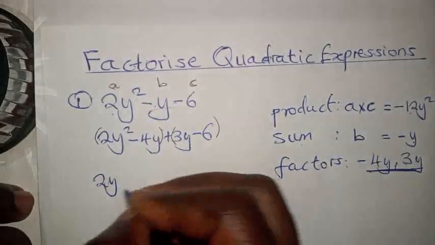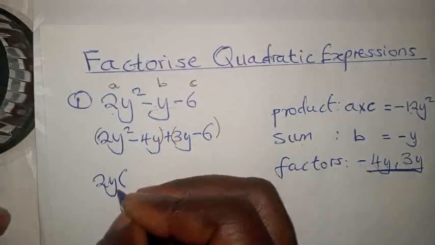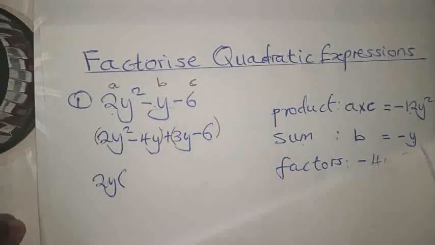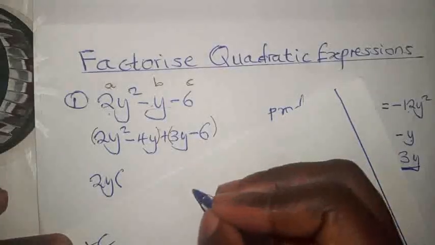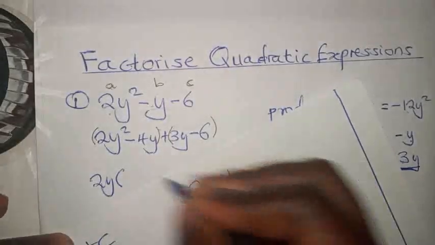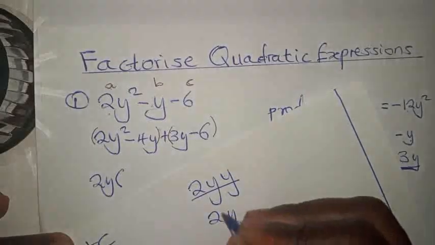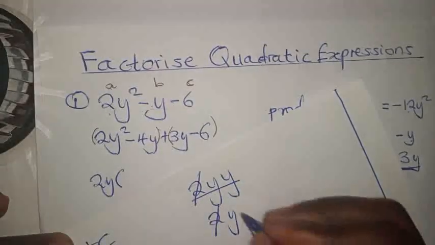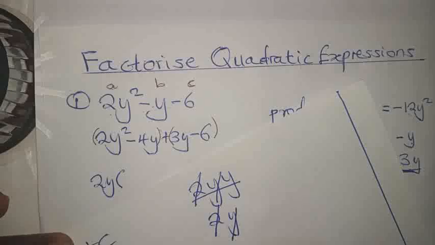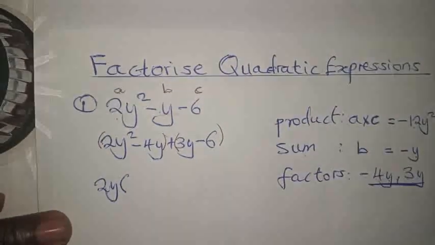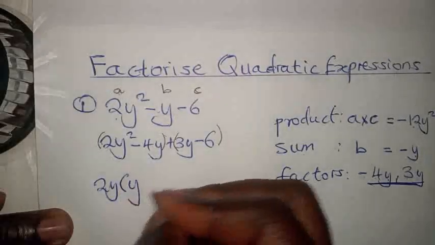So 2y is common, open brackets. 2y into 2y squared: this 2 and this 2 will divide, y and y will divide. What are we remaining with? We're remaining with another y, so that is what you put here.